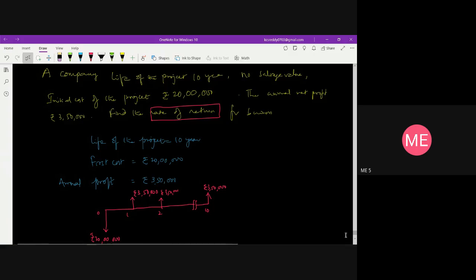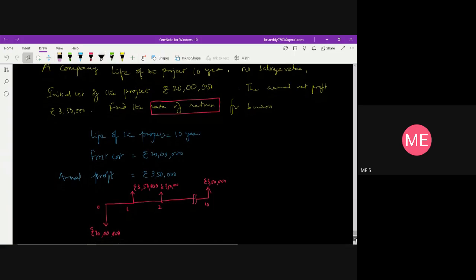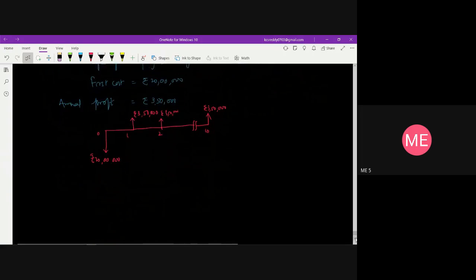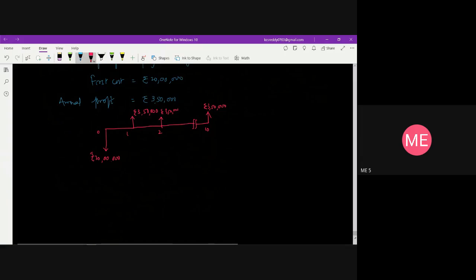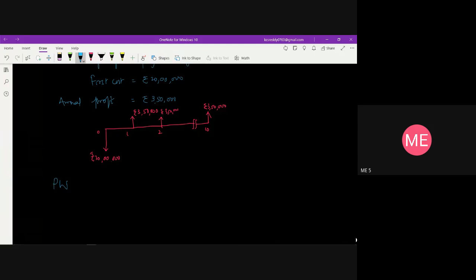First we need to write the present worth equation for this cash flow diagram, which you studied at the beginning of this module.